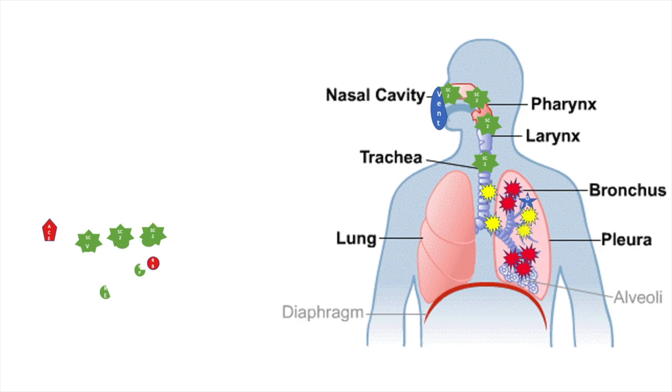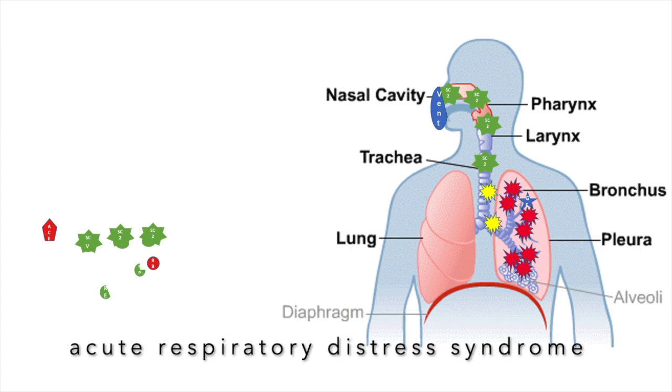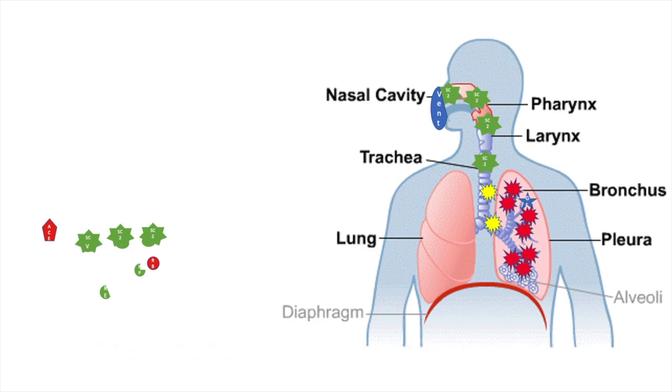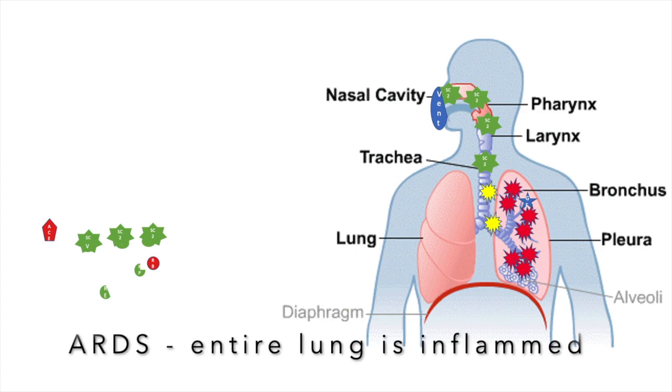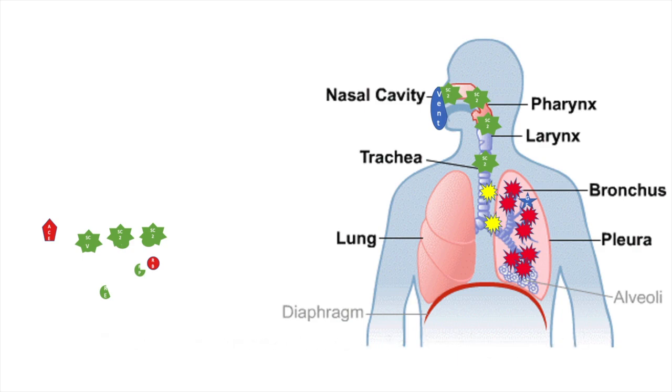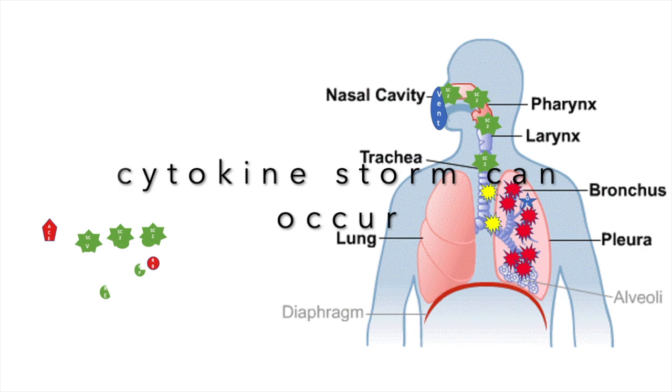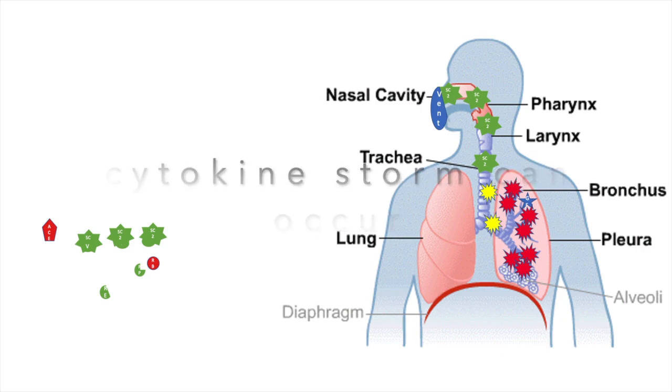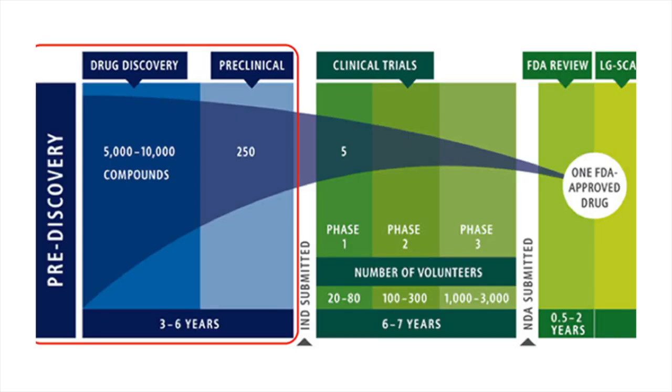When the entire lung becomes inflamed, acute respiratory distress syndrome, ARDS, occurs, and the inflammation and fluid around the lungs prevent oxygen from being transported to the blood, so a person would then be deprived of oxygen. This inflammation and the immune response could also cause a cytokine storm, leading to lung and other organs failing. So, we really need to develop drugs to kill these viruses.